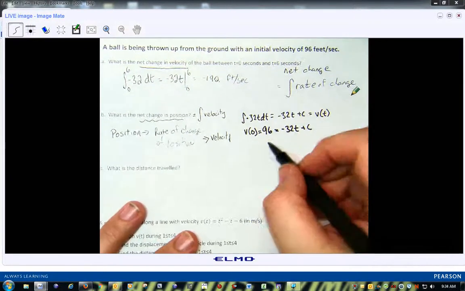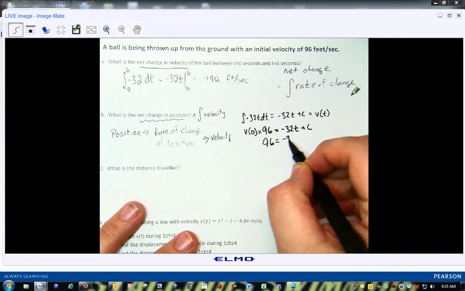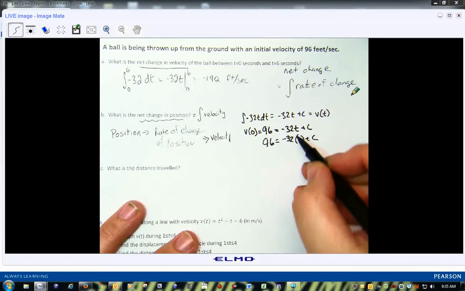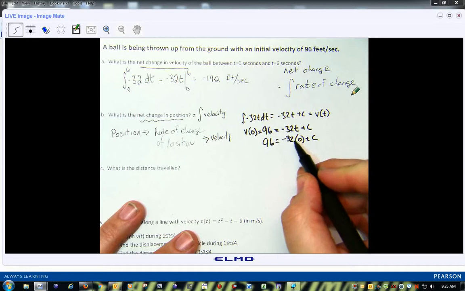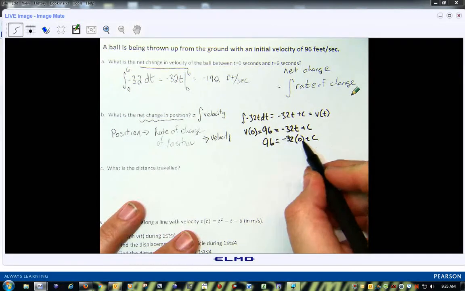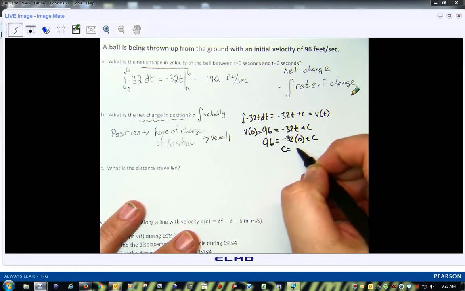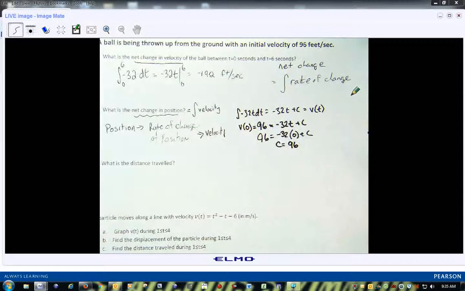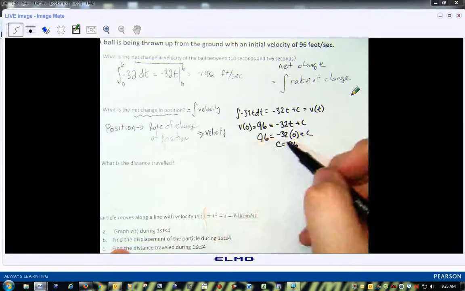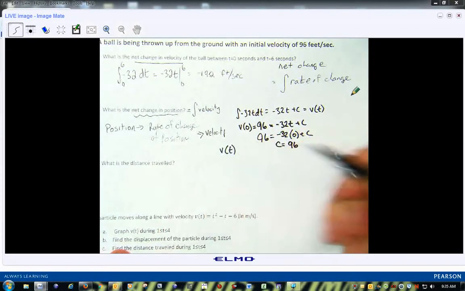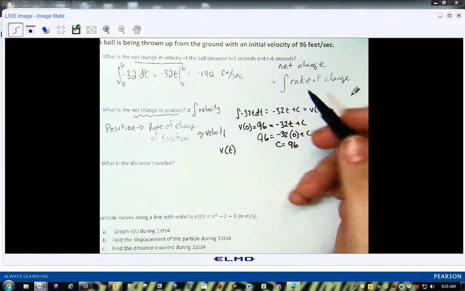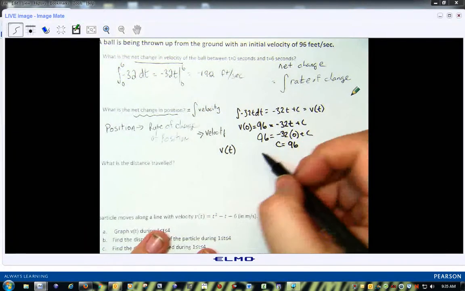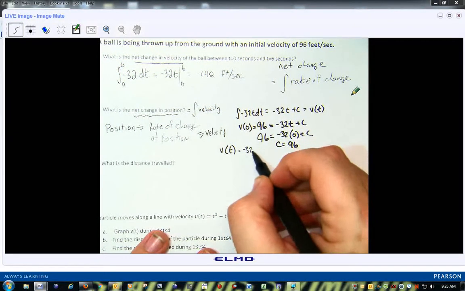So 96 is equal to negative 32 times 0 plus c. What happens to that 0 here? All that stuff is 0, so what's my c? 96. So now I know my velocity. You are going to run out of a little bit of space here, so you might have to work somewhere else. So v of t is equal to negative 32t plus 96.